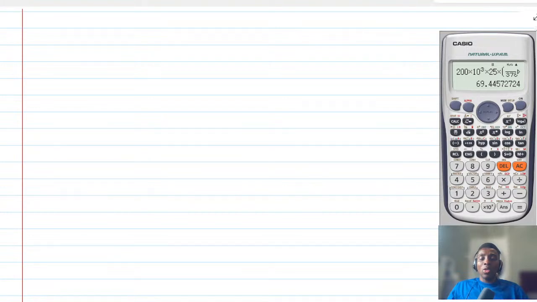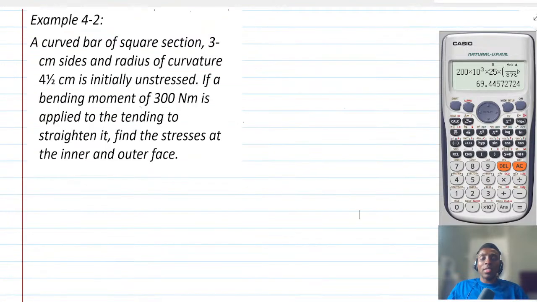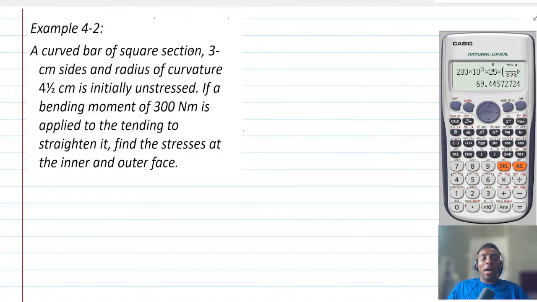All right. In this question, you have been given a curved bar, which is more or less of a square section, with 3 meter sides. Think of it as a square, or let's say a rectangle, but in millimeters it is 30 millimeters by 30 millimeters.